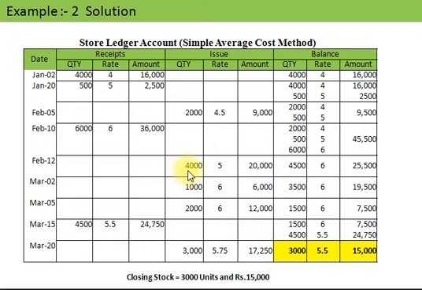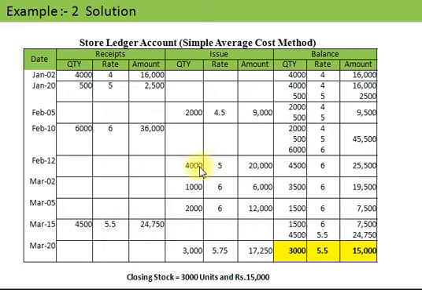And now on 12th February there is an issue of 4,000 units. Dear students, I told you earlier, for issue quantity we will use the FIFO method, and for rate we will use the simple average method. So these 4,000 units will be issued something like 2,000 first quantity, 500 second quantity, and balance 1,500 from 6,000.